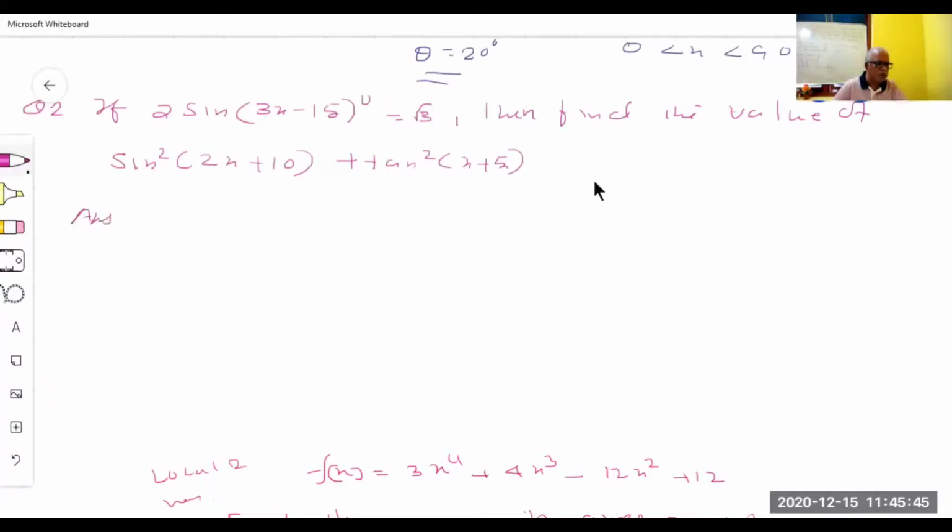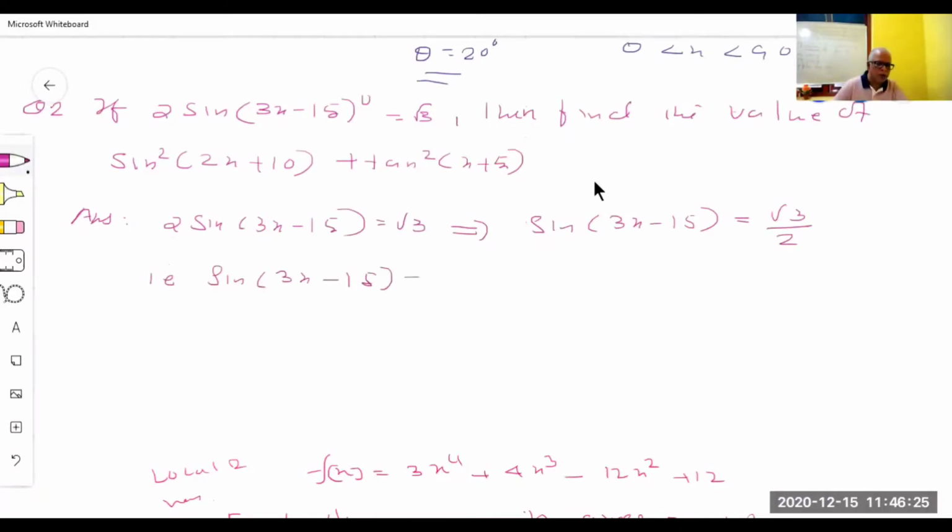What is given? 2 sine (3x minus 15) is root 3, which gives sine (3x minus 15) is equal to root 3 by 2.